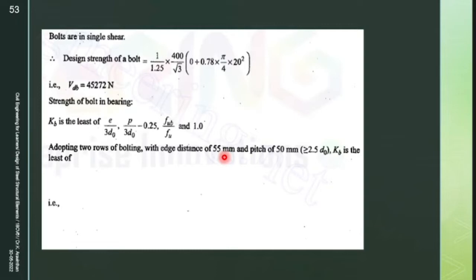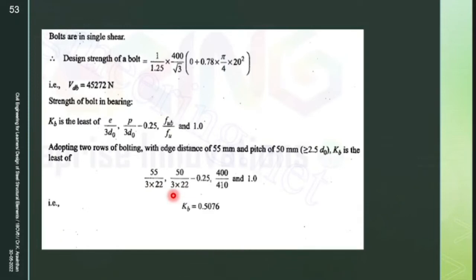30, exactly. You can take more than the minimum distance, so here it is considered as 55 mm. Consider these three cases and tell me the least value: 55 divided by 3 into 22, 50 divided by 3 into 22 minus 0.25, Fub, the bolt ultimate strength, is 400, Fu is 410, and 52 divided by 3 into 22.